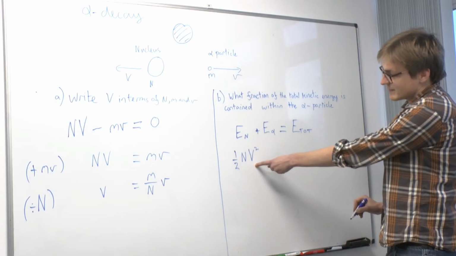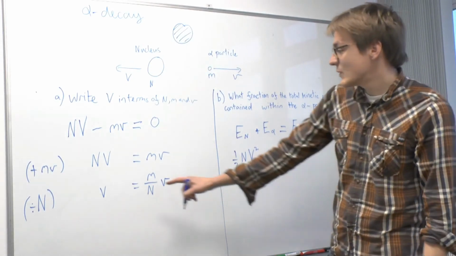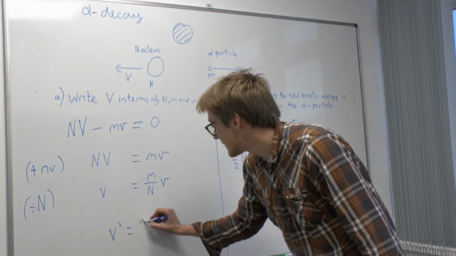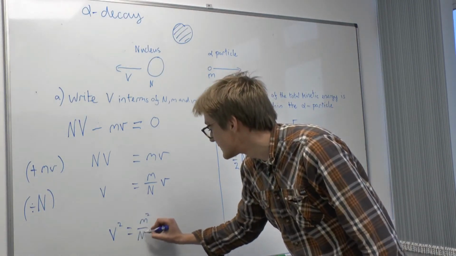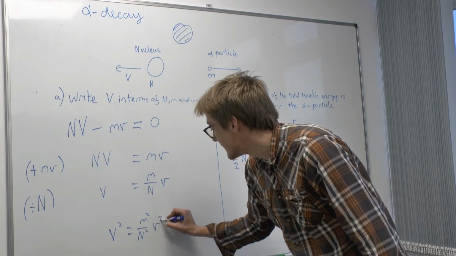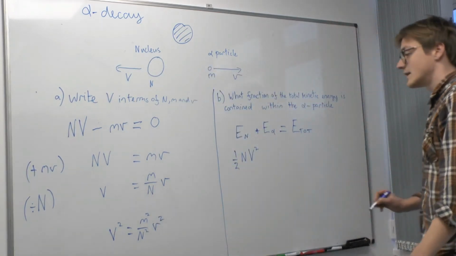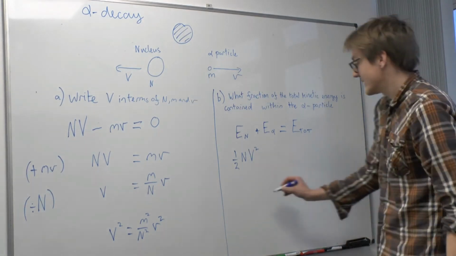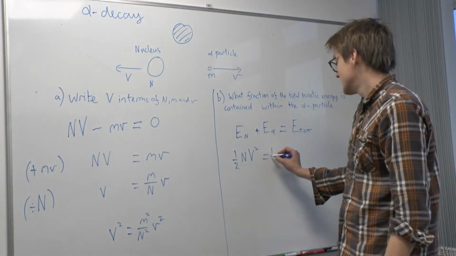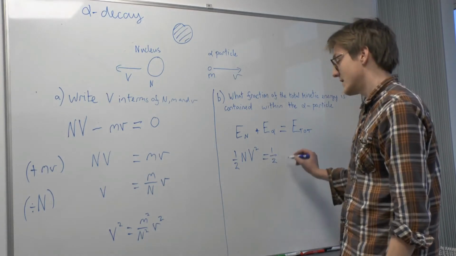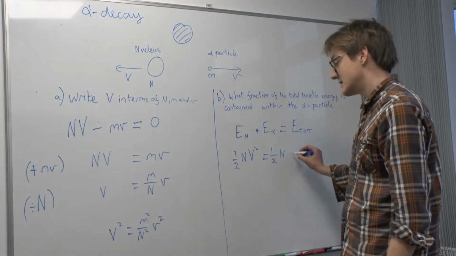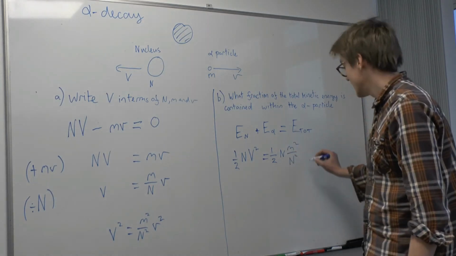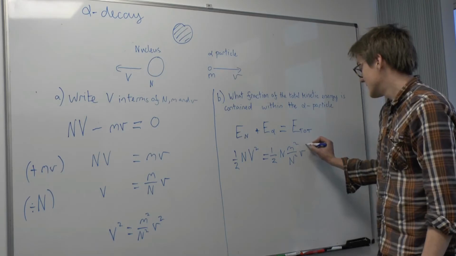Now we've got an expression for V, and we can square it. So V squared equals little m squared over big N squared times little v squared. So once we've done that, we can substitute that into this. So this is equal to a half N times m squared over big N squared times v squared.